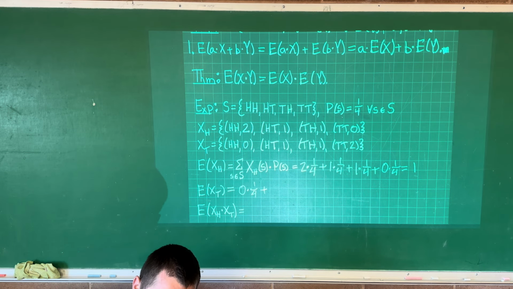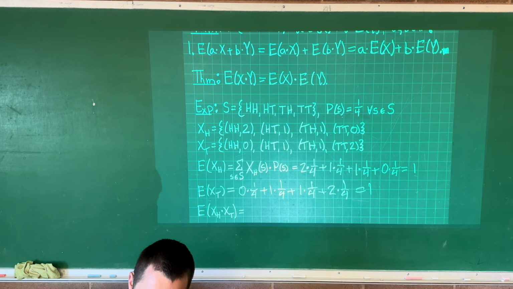Now add that to what I get when I plug HT into x sub t. 1 times its probability, 1/4. Now we're plugging in TH. Now we're plugging in TT. 2. And you add all those up, and what do you get? 1.